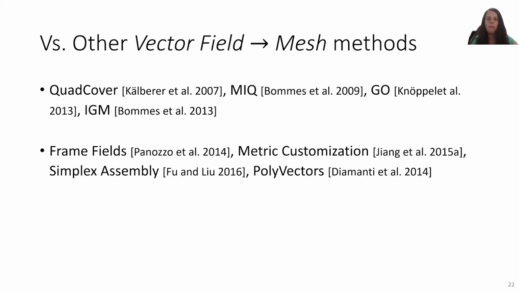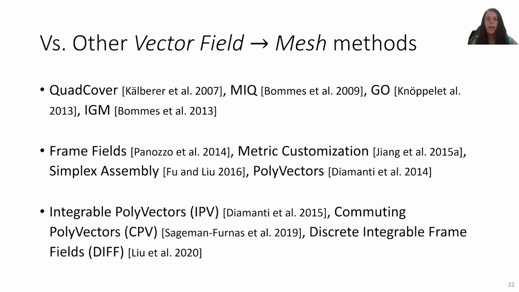Other methods allow for non-orthogonal, non-unit length fields in the first step. However, they do not guarantee integrability, and again, the resulting parameterizations can be far from the input fields. IPV, CPV, and DIFF are the only methods that allow for non-orthogonal fields and optimize integrability.